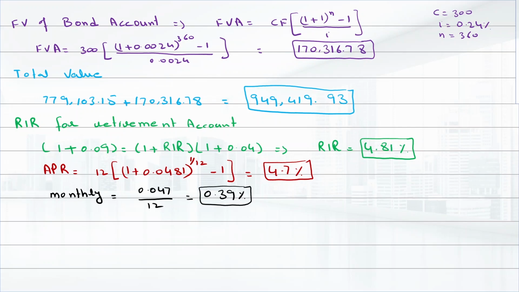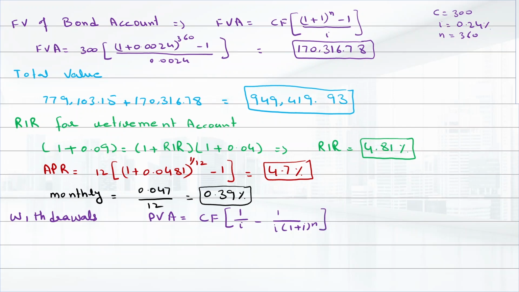Now we can find the real monthly withdrawals in retirement by using the present value of annuity equation. Present value of annuity is equal to cash flow times (1 over interest rate minus 1 over interest rate times (1 plus I) raised to the power n).